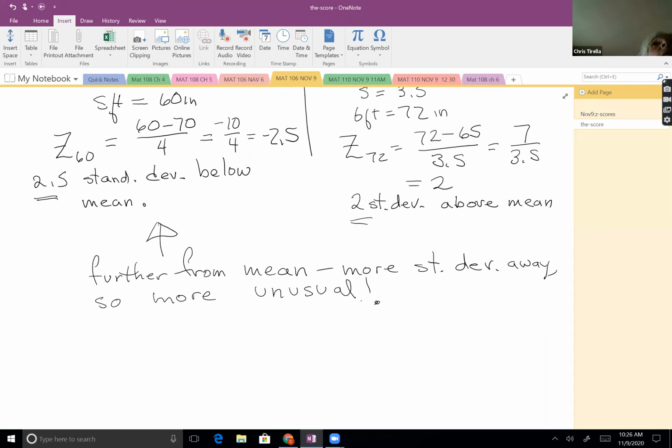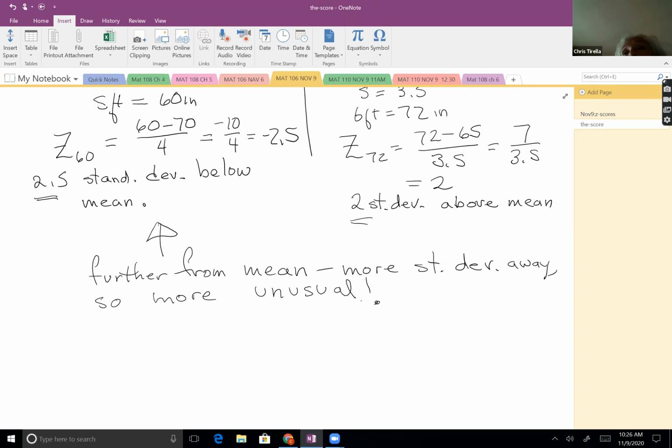For example, I think on Friday we looked at using the 68, 95, 99.7 rule to find out about IQs. I think the last example that we used involved the IQ scores. However, there are different tests, and the different tests have different means and standard deviations.